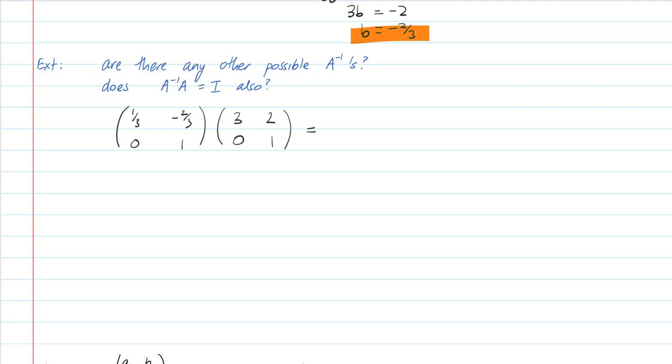Now, 1/3 of 3 and negative 2/3 there, that just gives me 1. 1/3 of 2 is 2/3, minus 2/3 times 1, that gives me 0. 0 times 3 and 1 times 0, that gives me 0. And 0 times 2 and 1 times 1, that gives me 1, which is I. So in this case, A inverse A does equal I. And I'm going to tell you that in all cases, A inverse A equals I. It's one of our rare instances where matrix multiplication is commutative. And if you watch my previous videos, you'll know what commutative is.